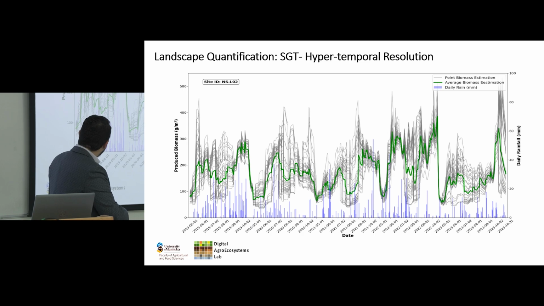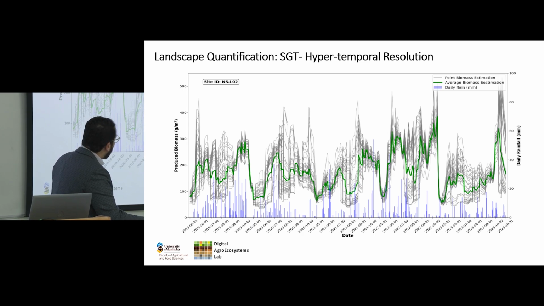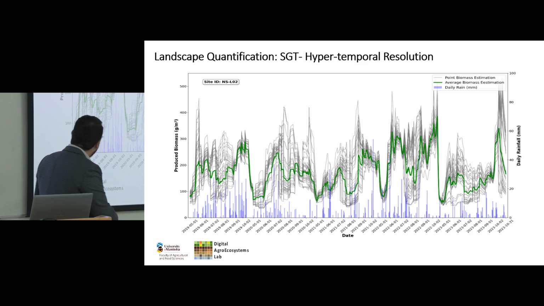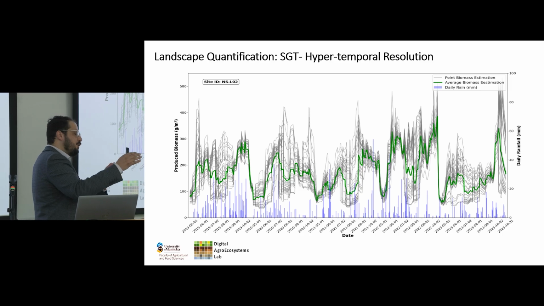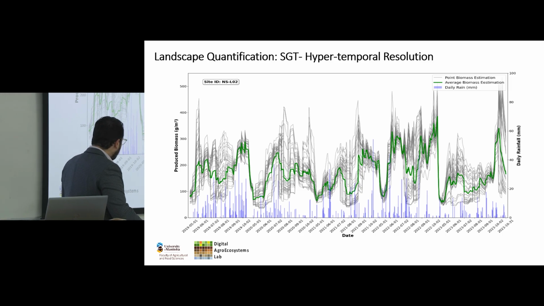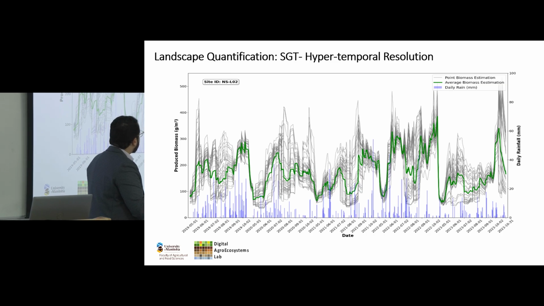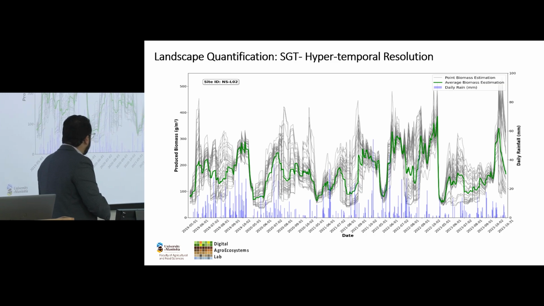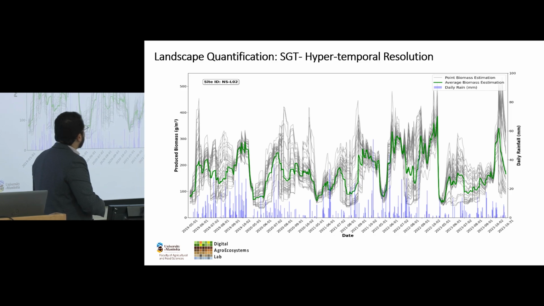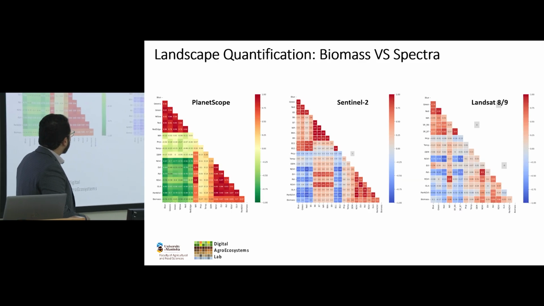Here is the time scale from the 1st of May until the end of 23, again between April and the end of October. You can see clearly how all the points respond perfectly to the changes in biomass over here, and also to the precipitation that this area is showing.